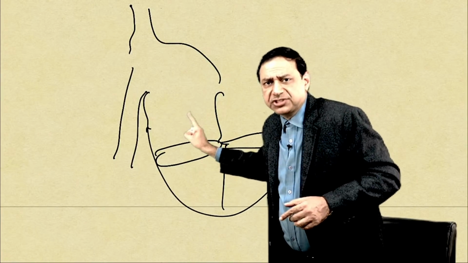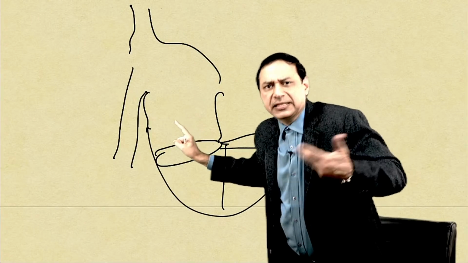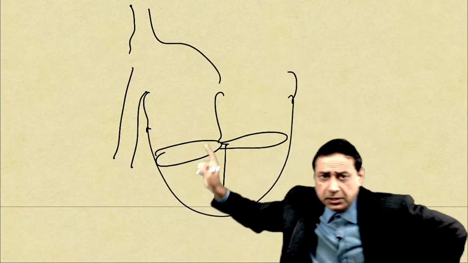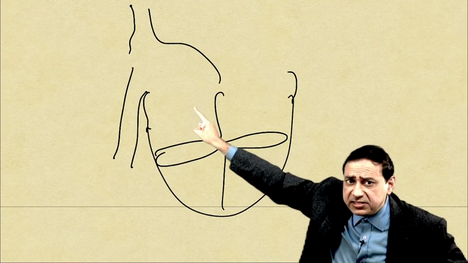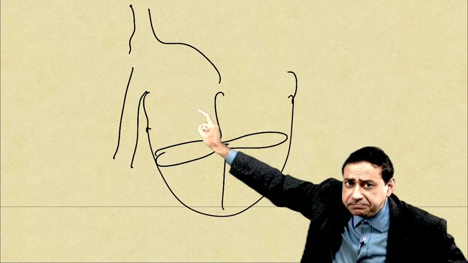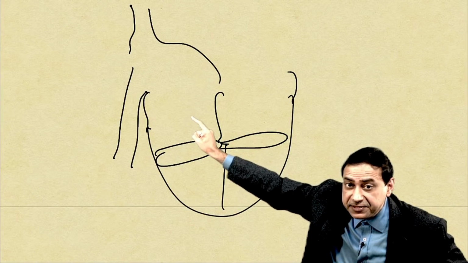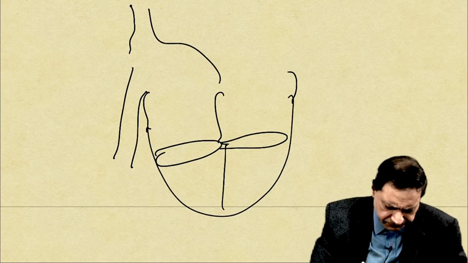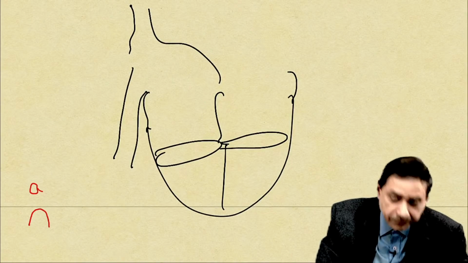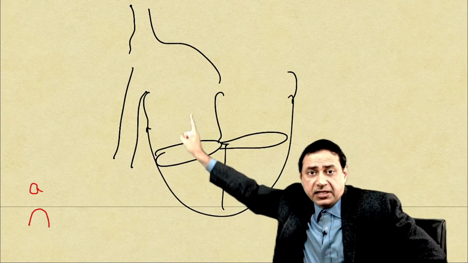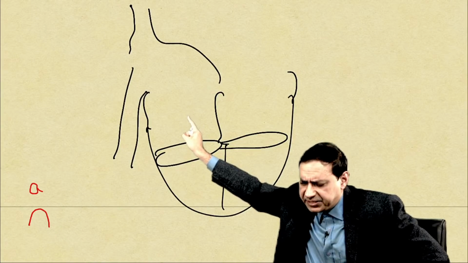So pressure changes in the right atrium are reflected in JVP. When this atrium contracts, pressure here increases. This is the A wave. So the A wave is because of atrial contraction.